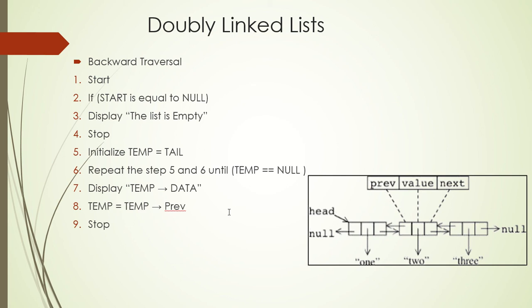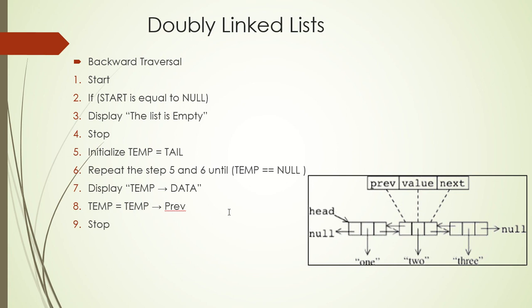Then, instead of using the next field value, you travel from tail till start, until your temporary variable value becomes null, which means you use the previous pointer. Once you reach the first node, temp equals temp previous becomes null. If it was for display, you display the data. So this is all about backward traversal.